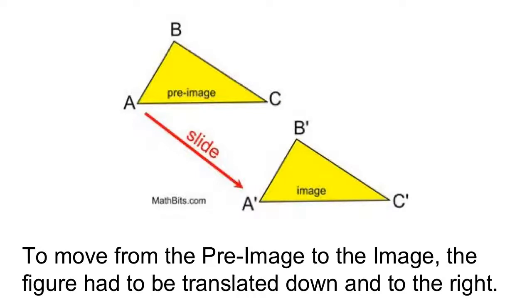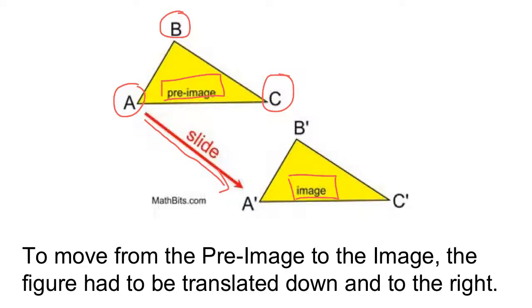Here's a picture of what I'm talking about. We have our pre-image up here, and I knew that because my corners don't have any prime marks. Here it has been slid to a new location: A prime, B prime, and C prime. Now notice that corner A and corner A prime in both images is the bottom left.